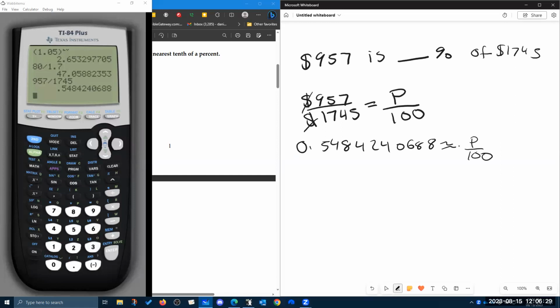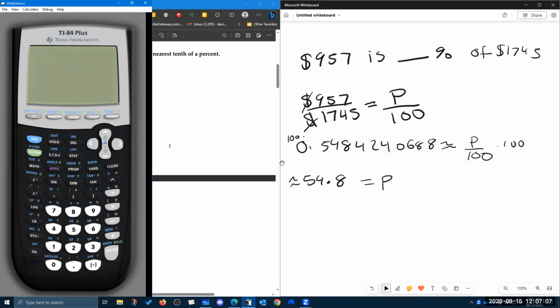I'm going to multiply by 100 on both sides to change this into a percentage. So this is about 54.8% for my P. I'm just going to say 54.8 equals P, which means that this blank here is the 54.8 that goes in front of the percent sign. So that's one of the ways to do it.